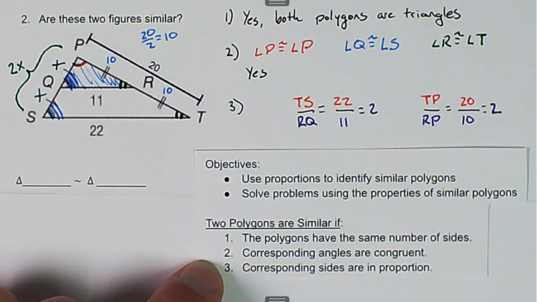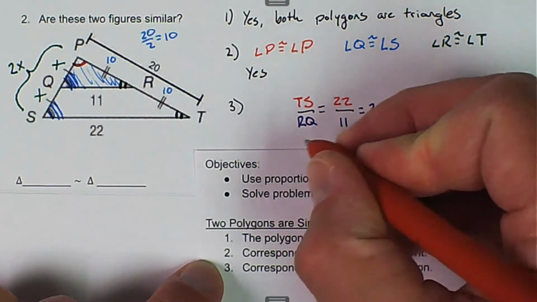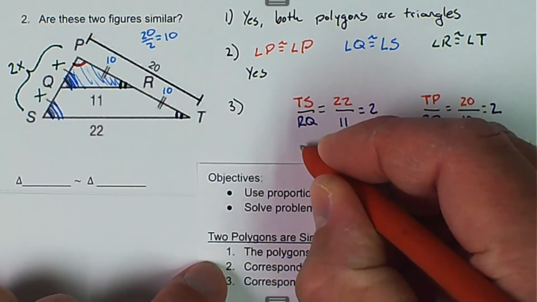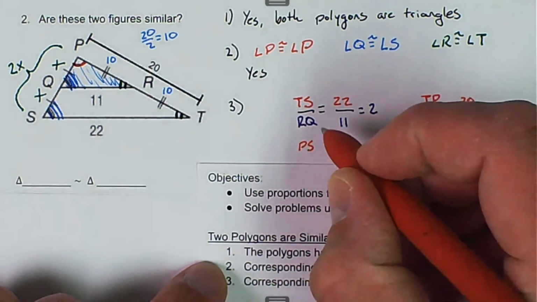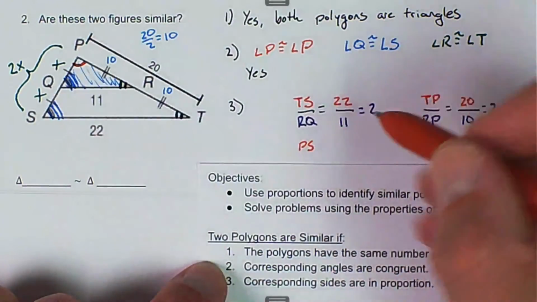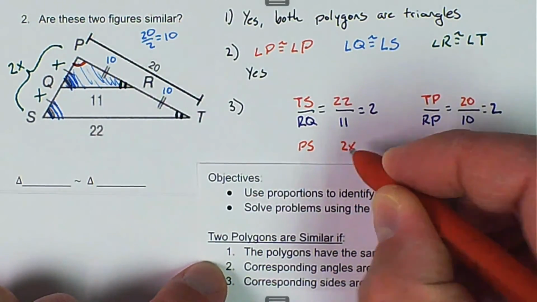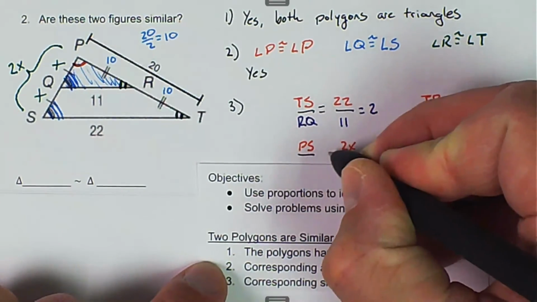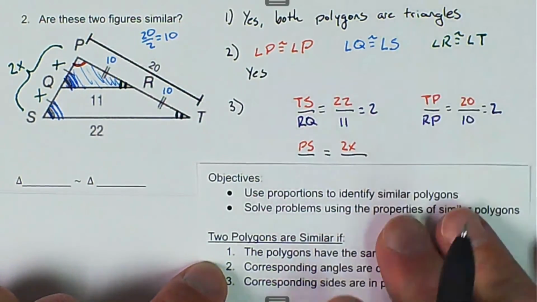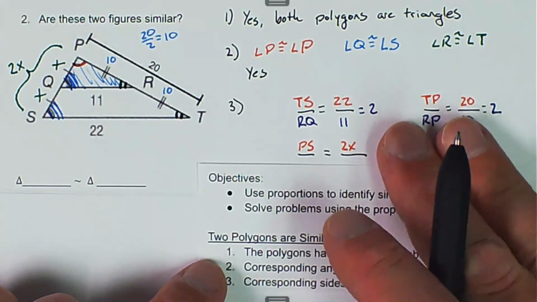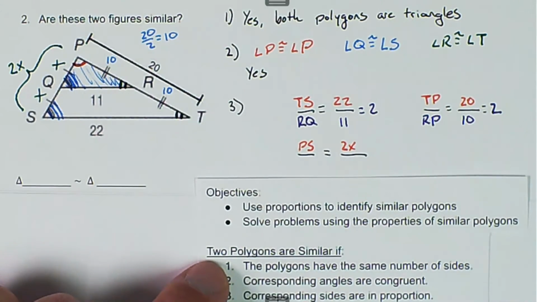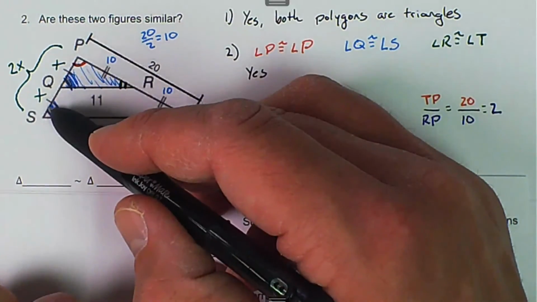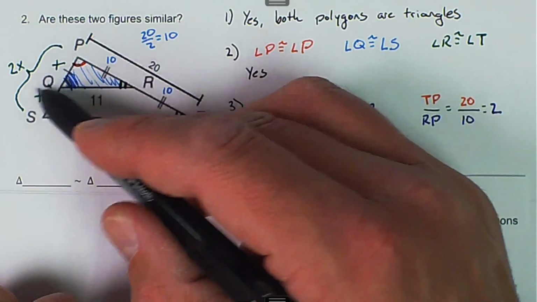So in that case, it's going to be PS. And the value of PS is going to be 2x. So PS is the variable side, which is 2x.